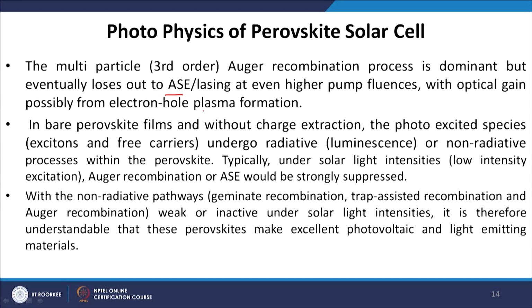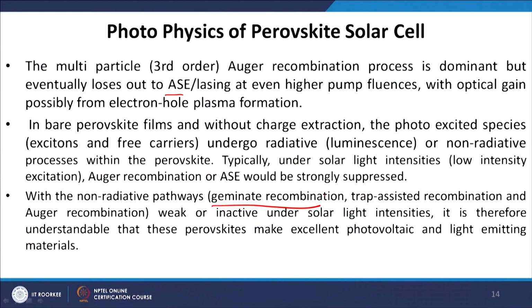From the decay dynamics of the excited charge carriers, one can find out whether it is a first order recombination, second order recombination or an Auger recombination. With the non-radiative pathways, geminate recombination, trap assisted recombination and Auger recombination, weak or inactive under solar light intensities, it is therefore understandable that these perovskites make excellent photovoltaic and light emitting materials.